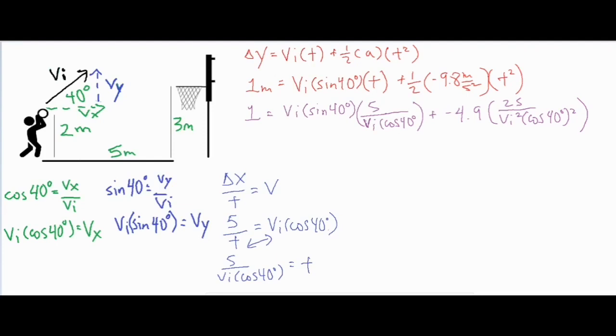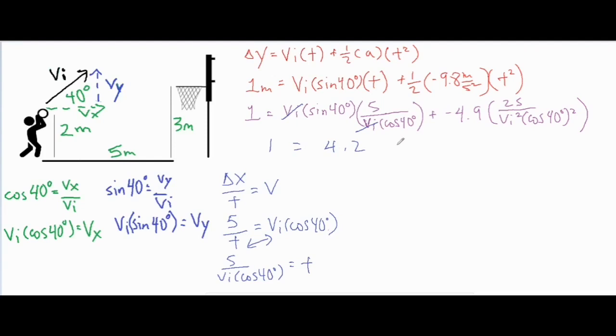As you see it now, there are a lot of trig functions, but remember, trig functions are just numbers, mostly numbers that we don't know off the top of our head, like sine of 40 degrees and cosine of 40 degrees. So what we can do is we can go ahead and cancel out this VI because it's VI divided by VI, and then sine of 40 times 5 divided by cosine of 40 leaves us with 4.2.